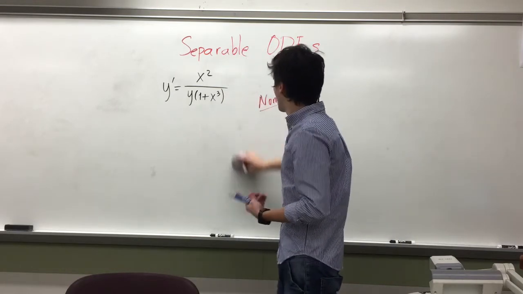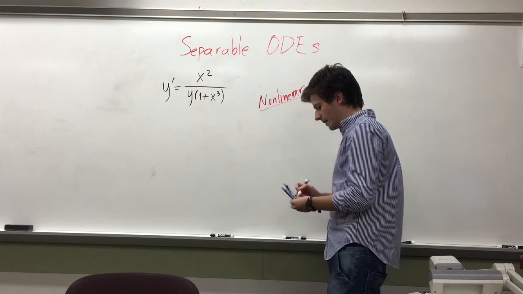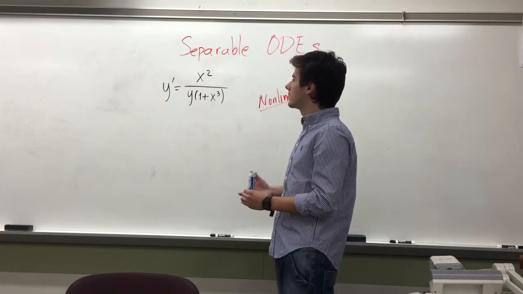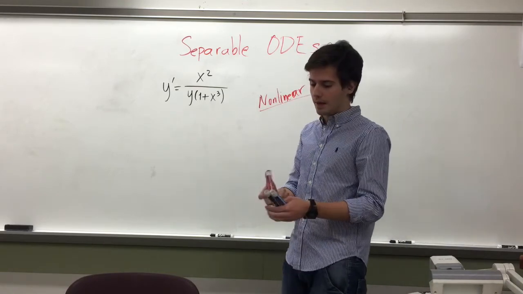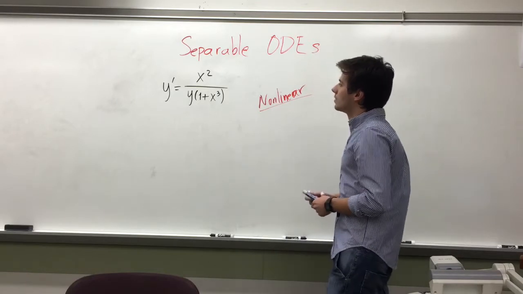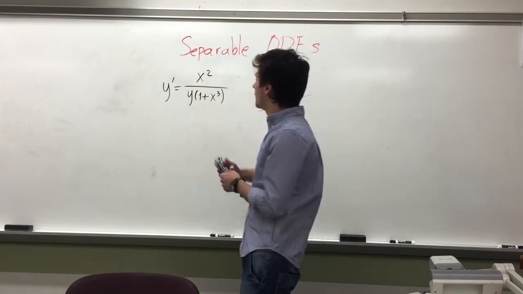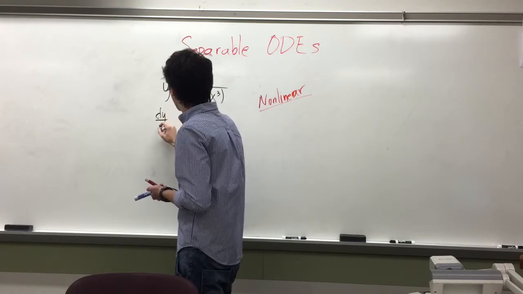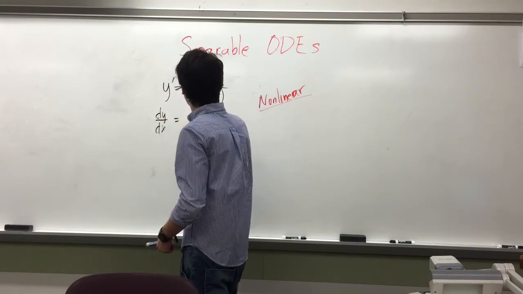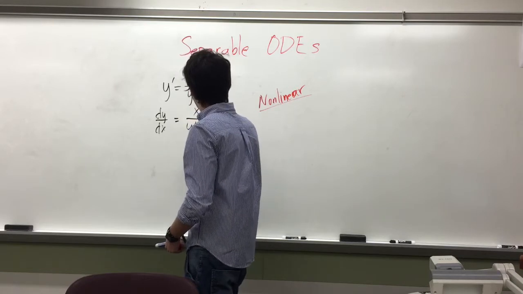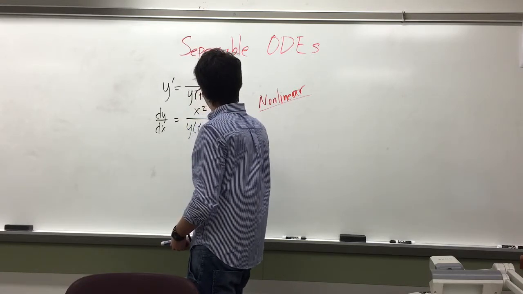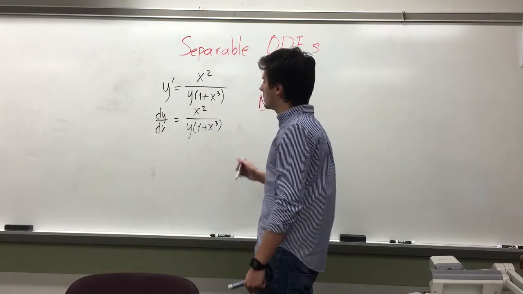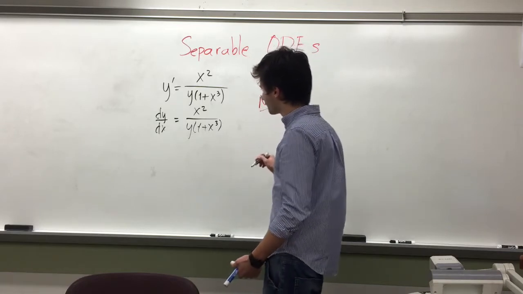But it's good because it's separable, and that makes things a lot easier. So it's separable because we can rewrite this as dy/dx is equal to x squared over y times 1 plus x cubed. And then we can separate the variables.